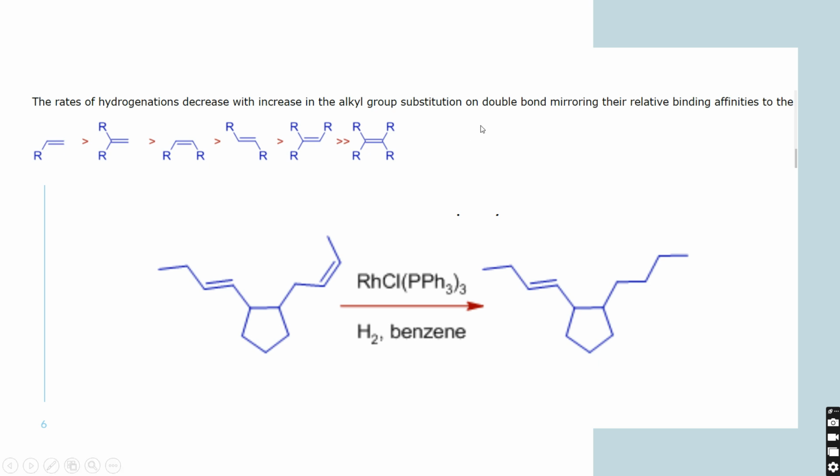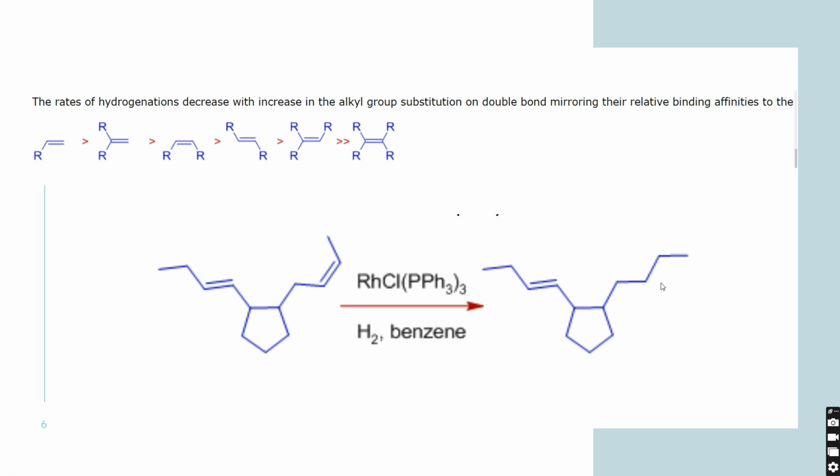So if you see here, when we are treating this diene with one equivalent of Wilkinson catalyst, only one olefin is getting reduced, and you are getting a saturated hydrocarbon on this side.